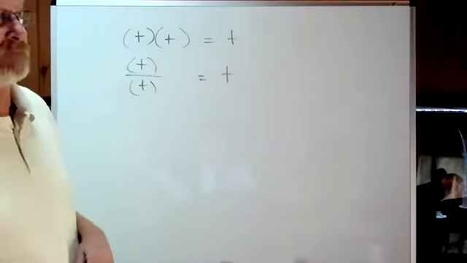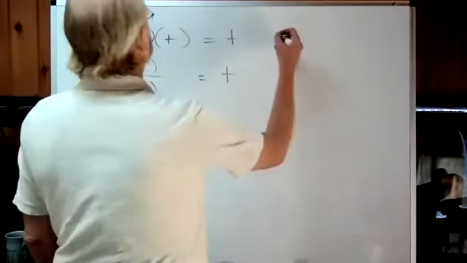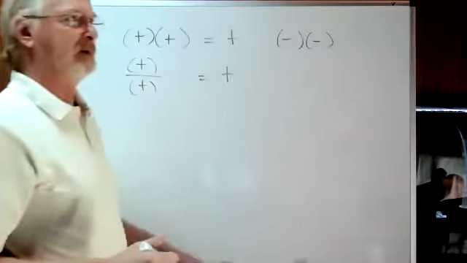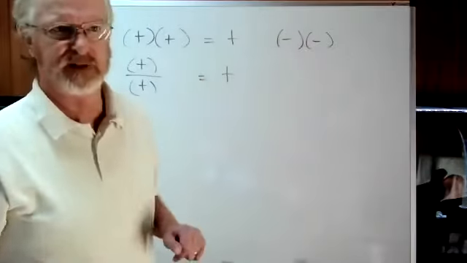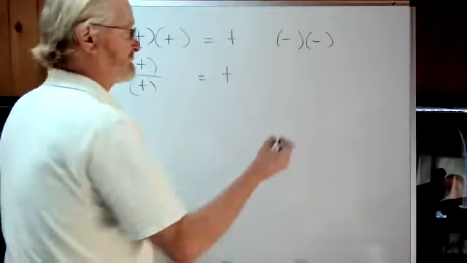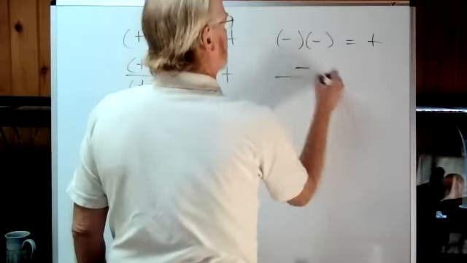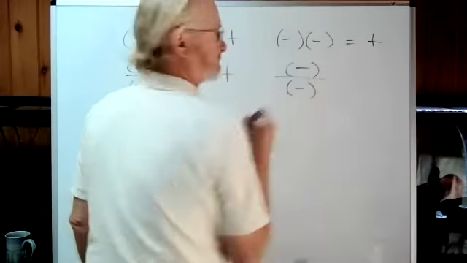Same with division. If you're multiplying two negatives, basically saying, I want to find the opposite of that opposite, it turns into a positive. And the same applies for division.